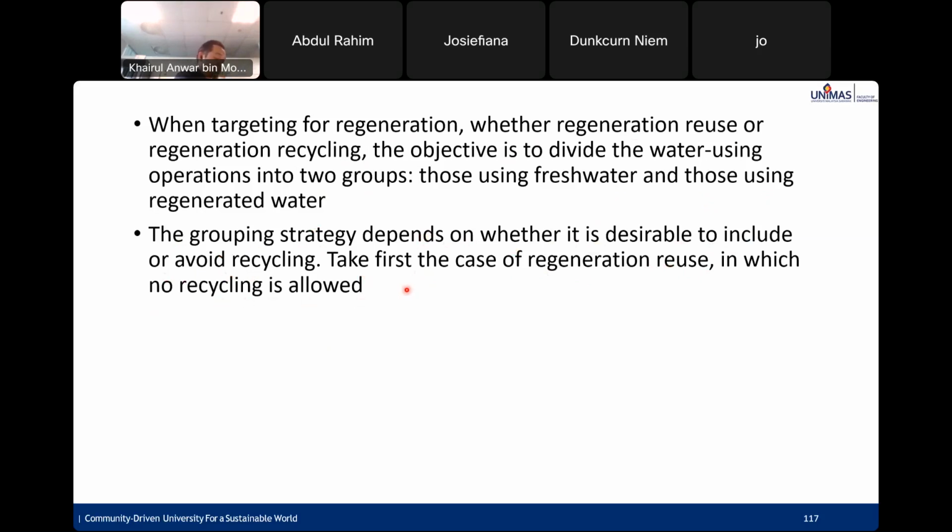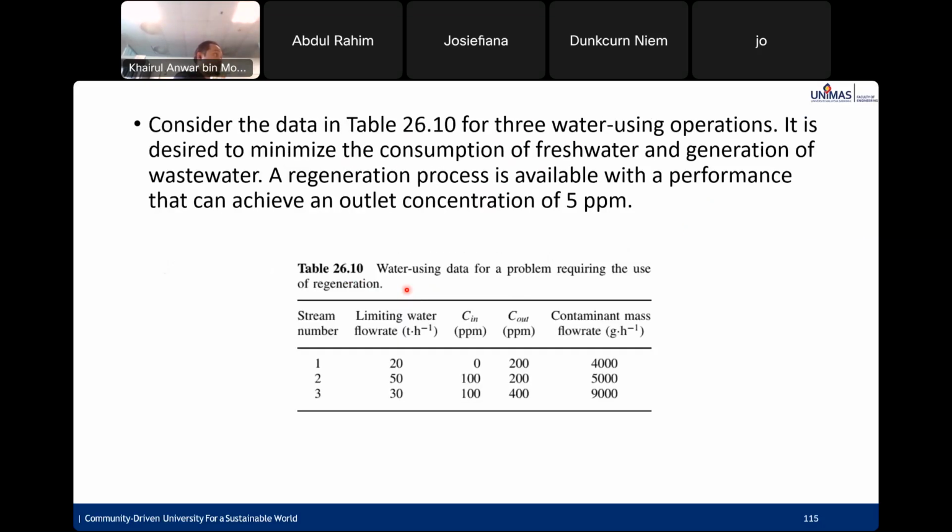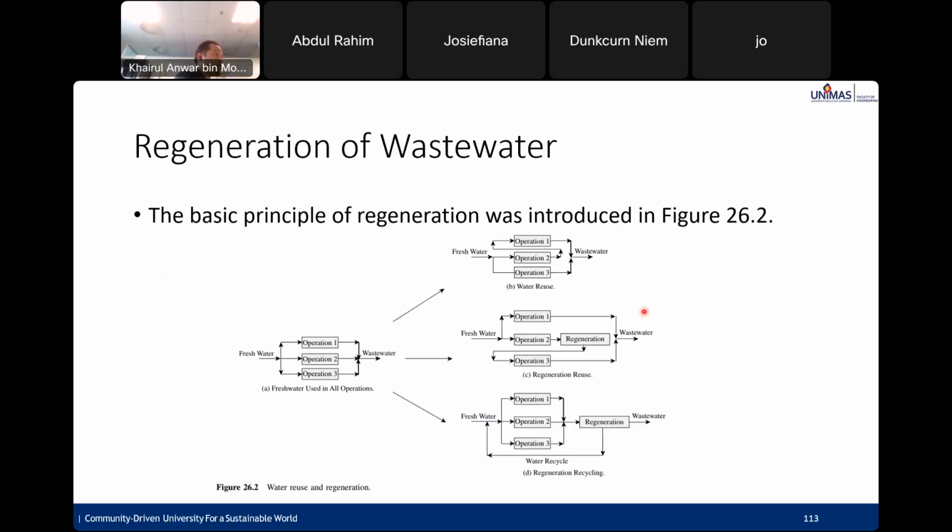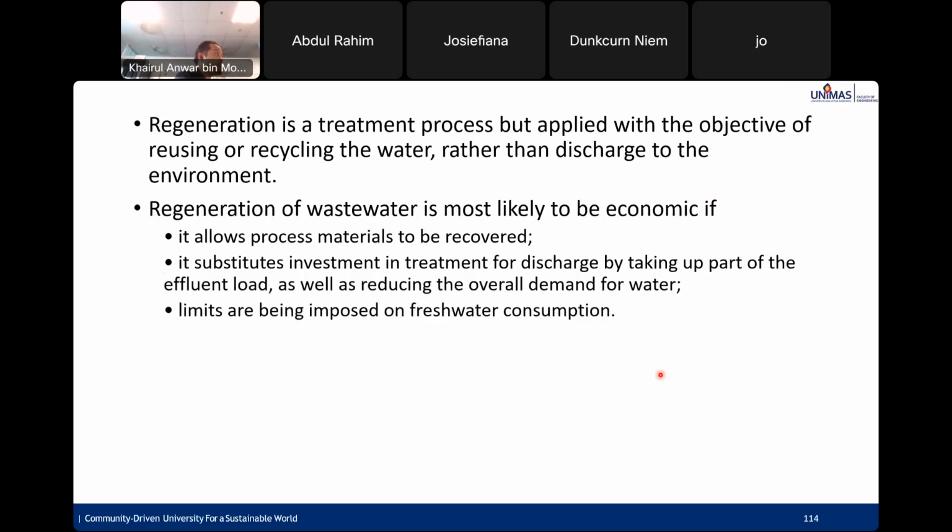So regeneration reuse is as on this figure. Fresh water goes to operation 1, and for operation 2, the water will be regenerated and goes to operation 3. This is regeneration reuse.